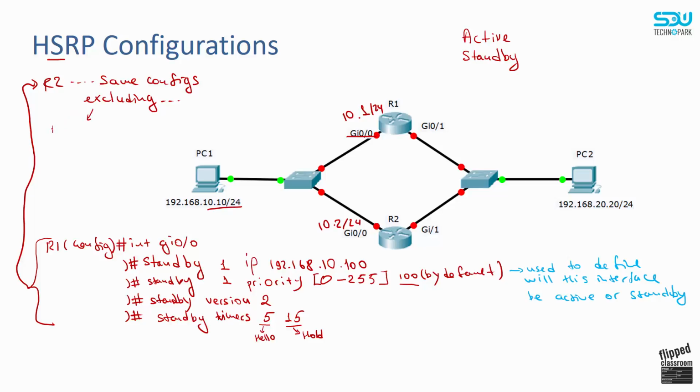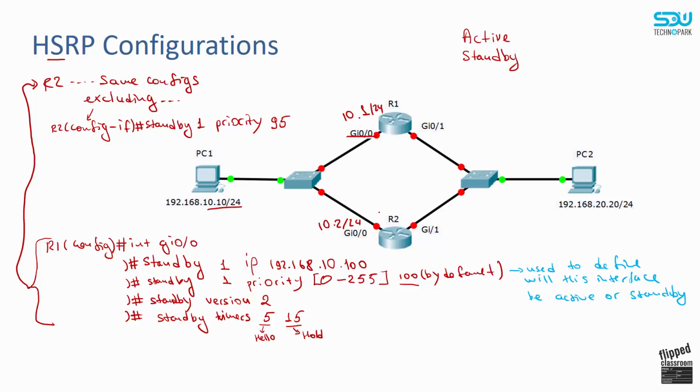I'll write in router 2, in configuration of interface Fa0/0, the configuration of the priority. I'll write standby 1 priority, which will be not 100, but it's going to be, for example, 95.